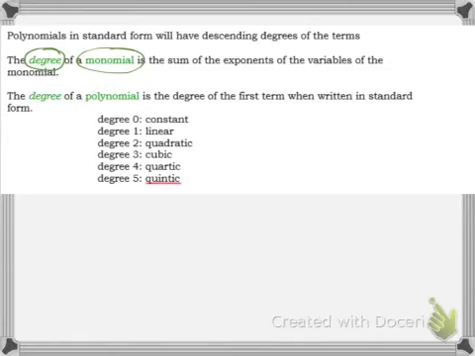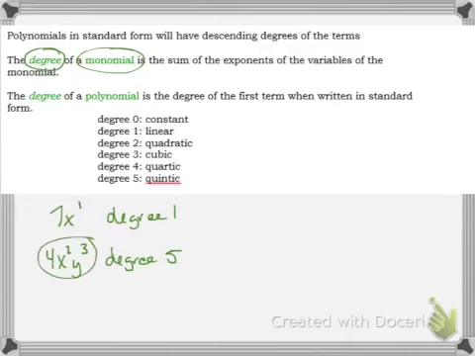So for instance, if I have the monomial 7x, there's an invisible 1 here. This is a degree 1. But if I have something like 4x squared y to the third, this is actually a degree 5 because 2 plus 3 is 5. And this is one term.